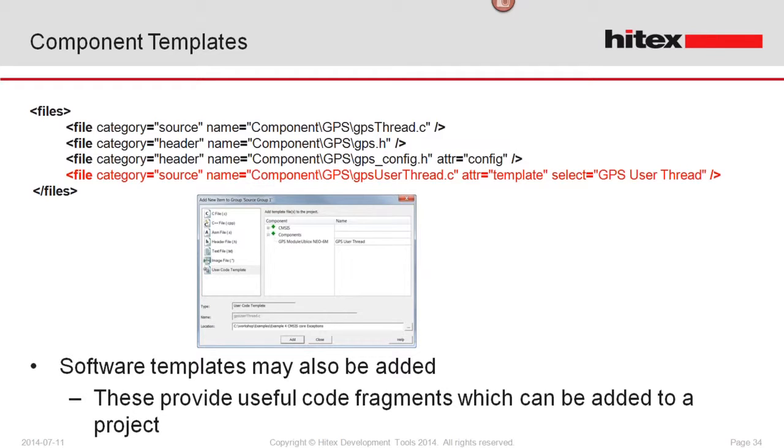So here we've added a simple template that gives us the initial setup to start using our GPS component. And when we go to add a new file to our project, at the bottom there's user code template, and here we've now got this template available which we can click and simply add to our project as a bit of example, as a bit of skeleton code.